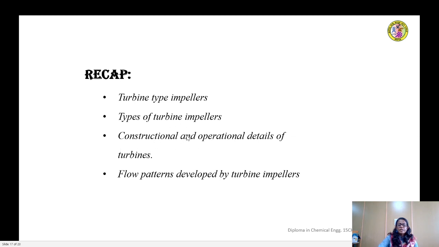What kind of flow current is generated by each type of impeller, and what dimensions you need to use to construct a turbine type impeller, all this we discussed. The flow currents, how they are generated in an agitated vessel with turbine impellers, that also you learned in today's class.